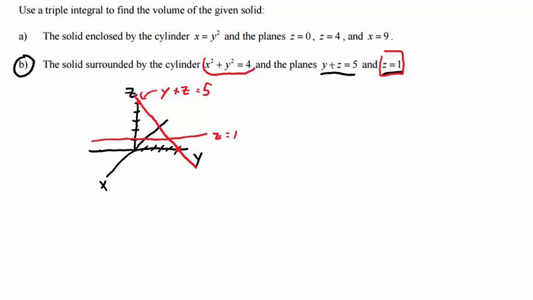Everything takes place within the confines of the cylinder. But in the xy plane, this cylinder, x squared plus y squared equals 4, is just a circle of radius 2. So I'm just going to draw, at least for now, the circle of radius 2 in the xy plane. And I'll do that in green here.